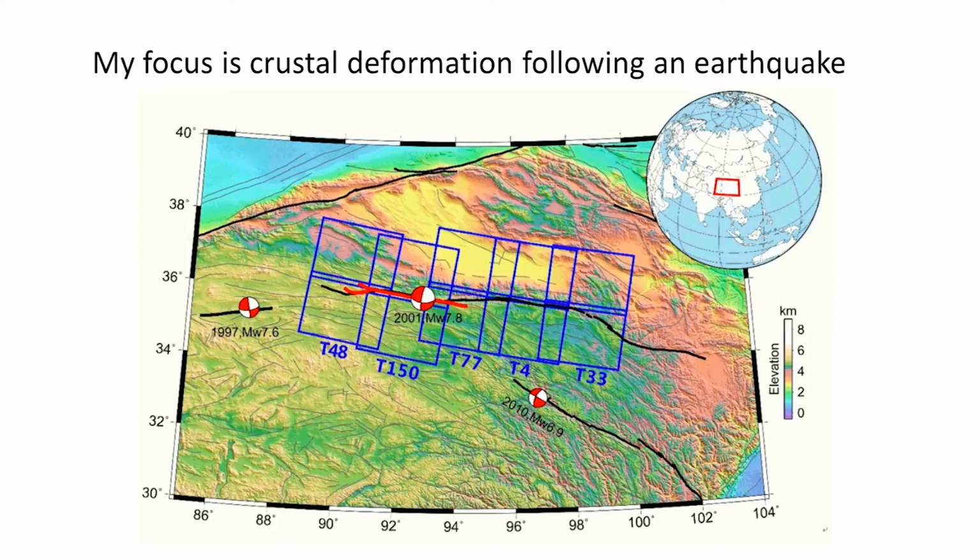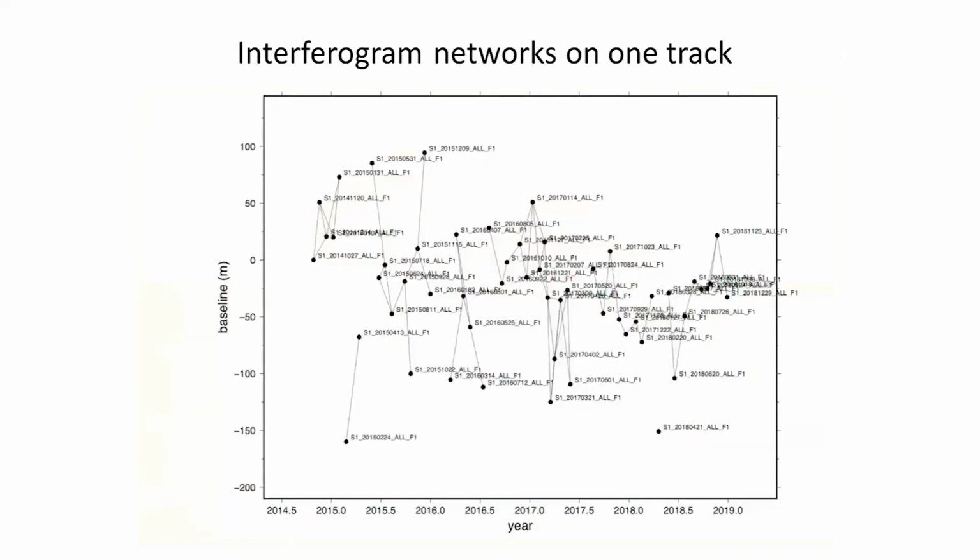Now I'm processing the data on this track. Because the post-seismic deformation is much smaller than the co-seismic deformation, if you want to extract the very weak post-seismic signal, you need a lot of interferograms. So this is the interferogram network on one side.